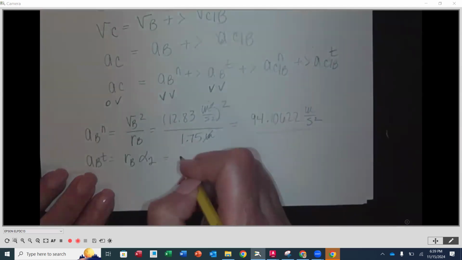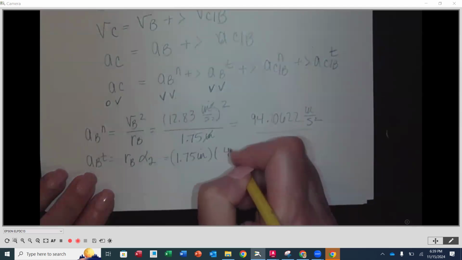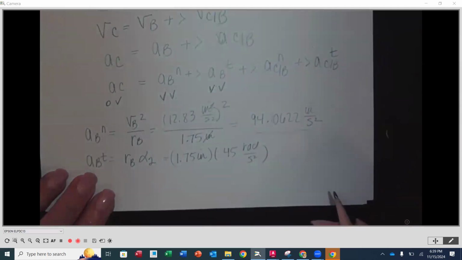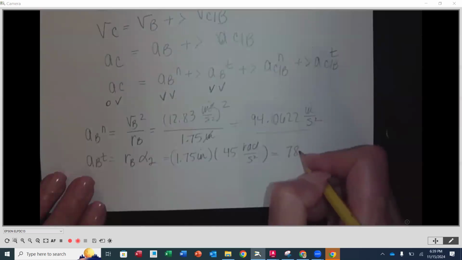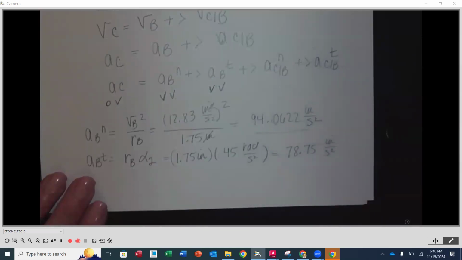So this is going to equal 1.75 inches times 45 radians per second squared. So 45 times 1.75, it's going to be 78.75 inches per second squared. And just looking for one more confirmation.